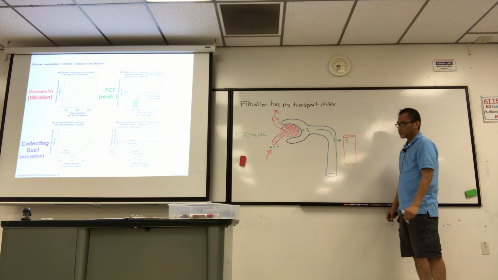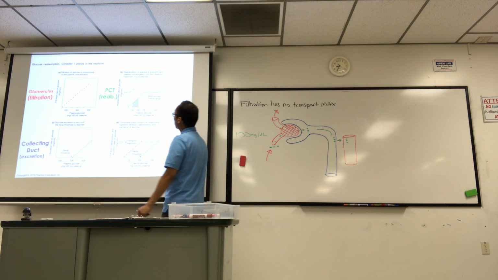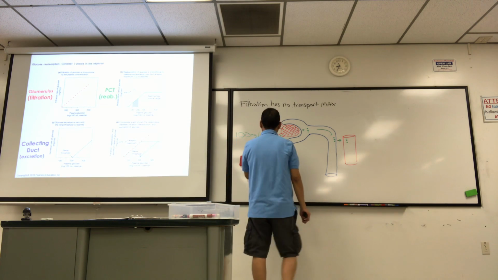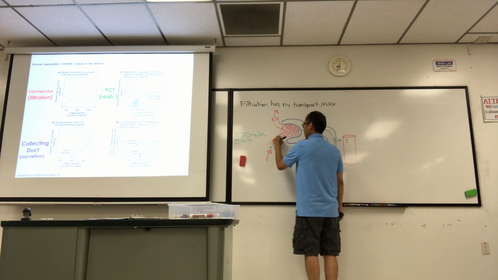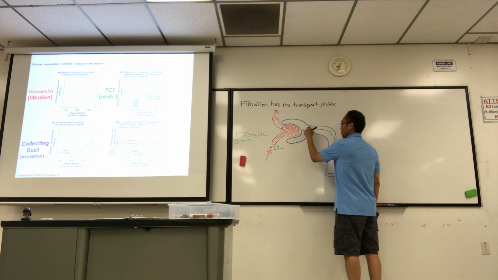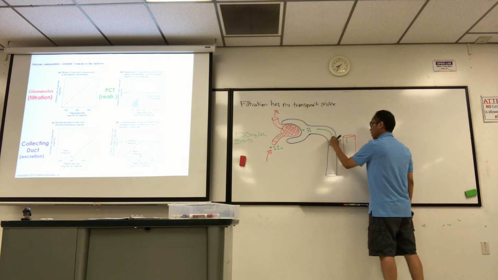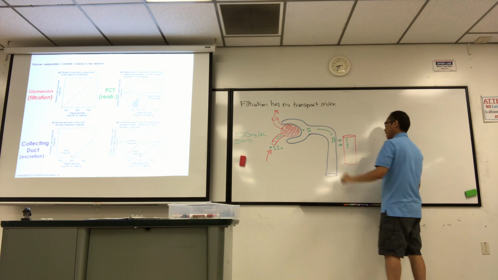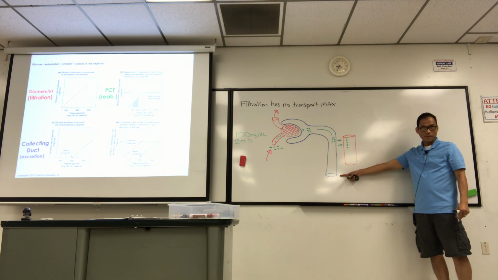But as you start to increase your sugar level, let's say 200, so I'll just double it. And you just keep on going, because filtration has no maximum. It keeps getting all filtered. And as long as you're sub-max, you haven't reached saturation yet, you just keep removing it all. And so for these first two concentrations, you see 0 in the collecting duct. There should be no sugar in the urine.